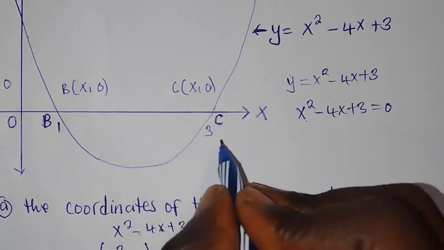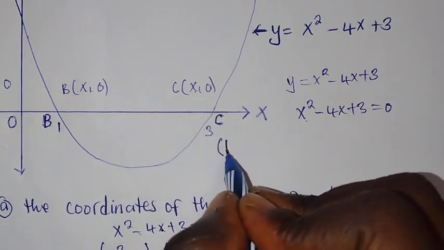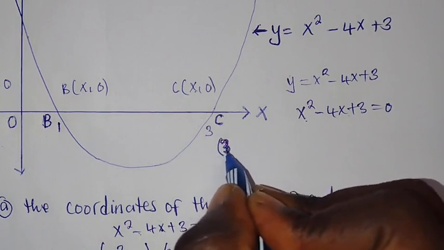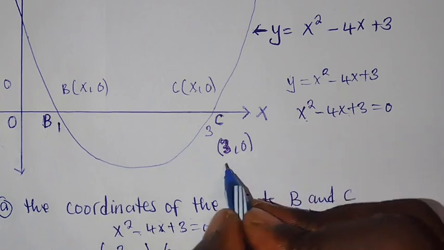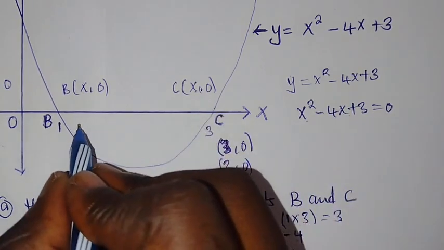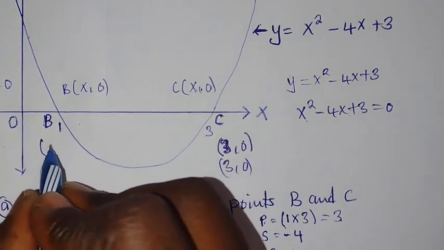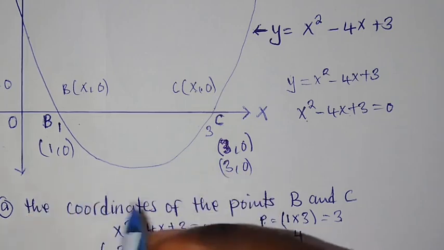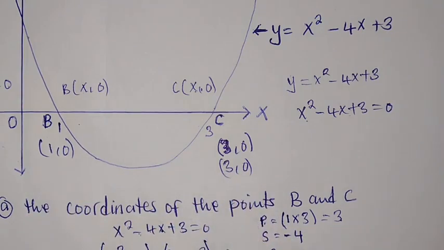So the coordinates of C now will be 3, 0. Okay, 3, 0. This one that I wrote here. Then the coordinates of B will be 1, 0. So these are the answers. So we have answered our question A.